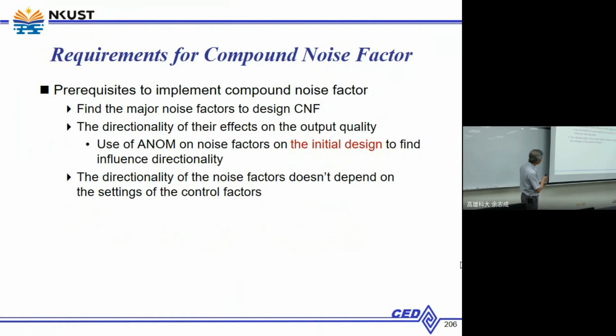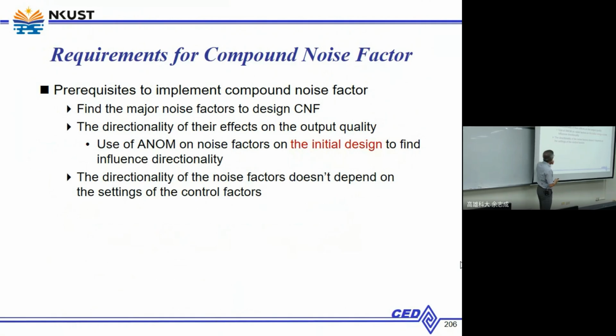The second one is you need to know the direction of the noise factors. How do we know the direction? You can use one outer array, working on the initial design, to find out the influence of the direction. And why do we choose the initial design?